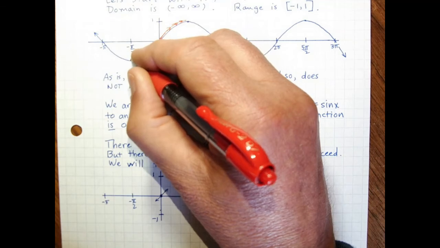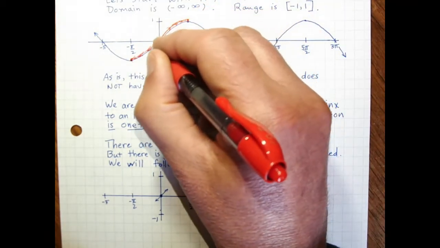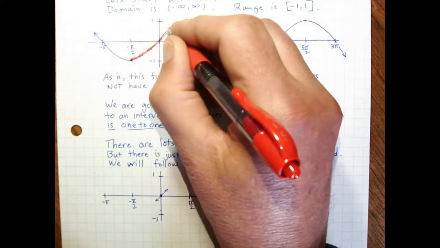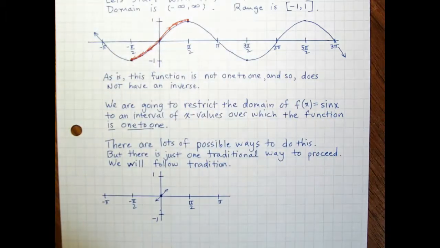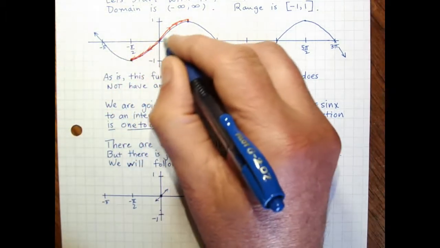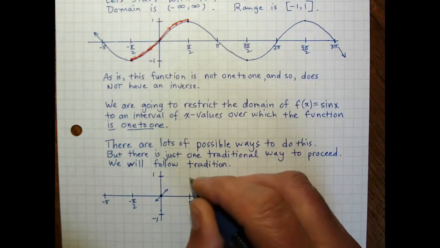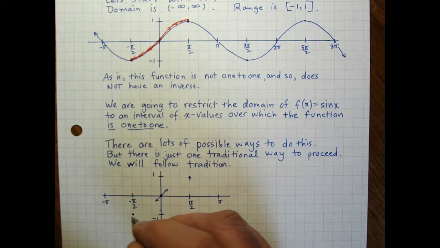So the largest piece of the graph that I can take containing 0, 0 on which we still have a one-to-one function is going to be the portion I outlined here in red, and I'm going to just draw that right here.